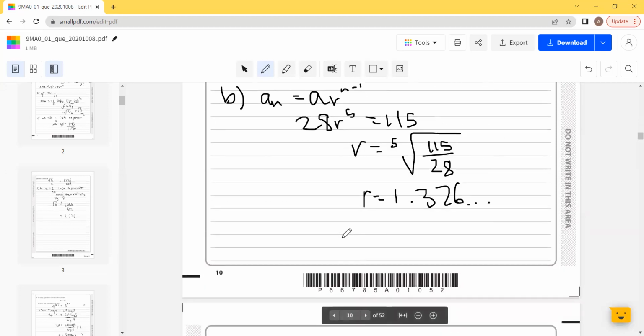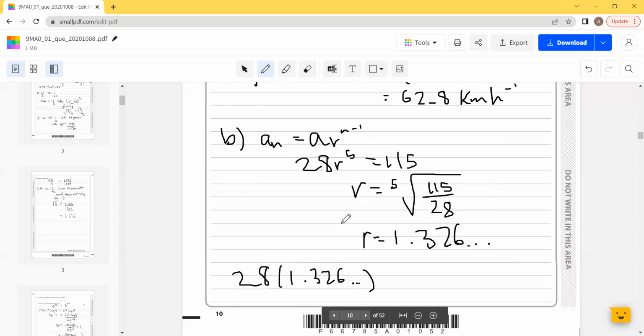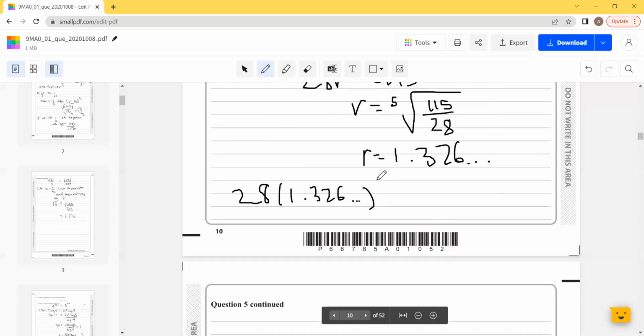So now I can either do just 28 times what our r was, 1.326, to the power of 4. Okay, I can just do that. So 1.326 to the power of 4 multiplied by 28 gives me 86.7 kilometers per hour.